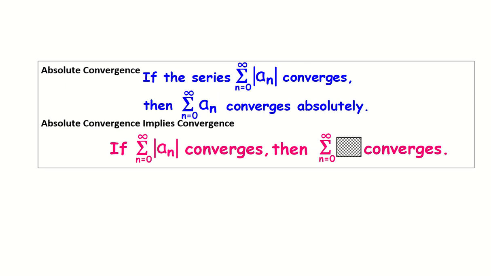We say that if you take the absolute value and it converges, then that series converges absolutely.